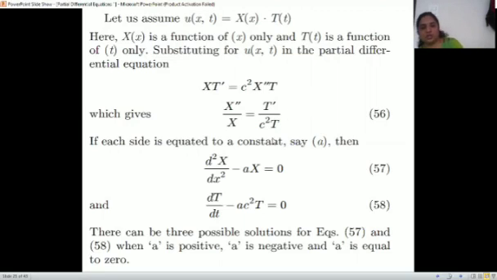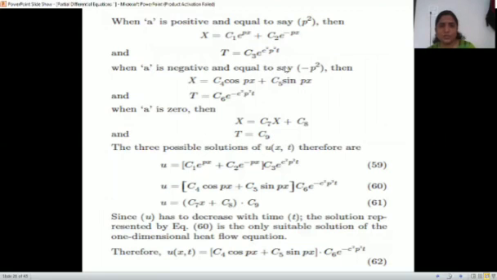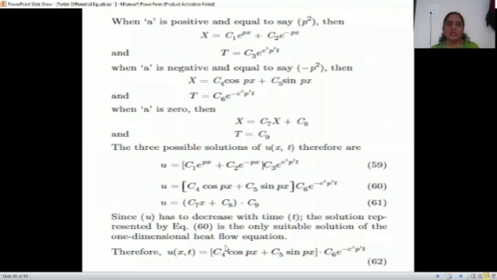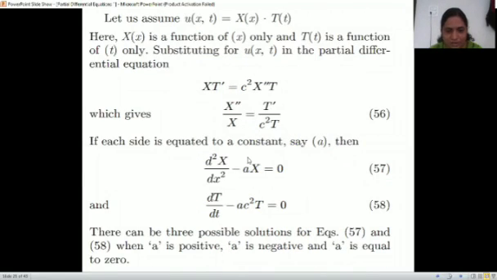Similarly, in solving this equation, this is the first equation of the form D square minus a, but depending on the value of a, there are different types of solutions. So if a is positive and equal to p square, then D square minus p square is equal to 0, it is linear now.